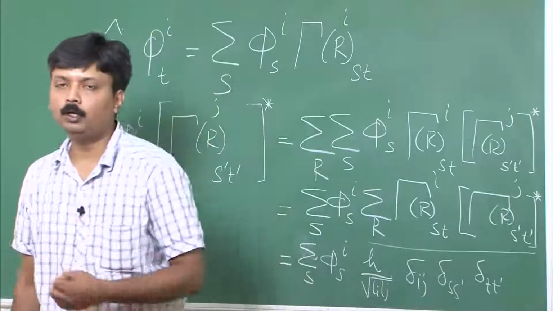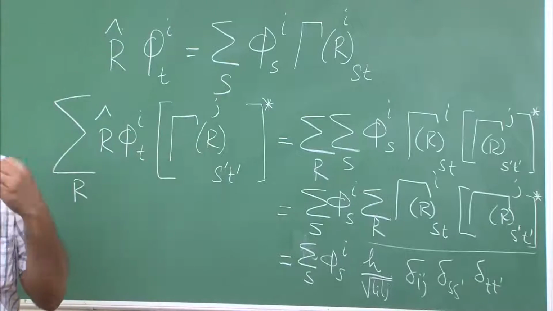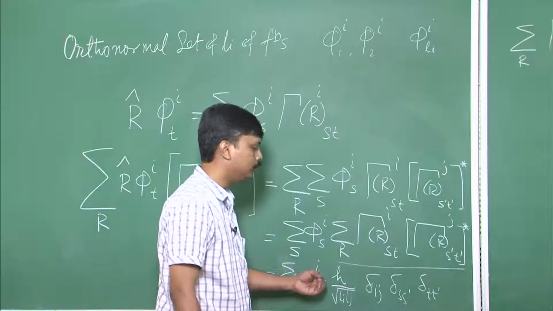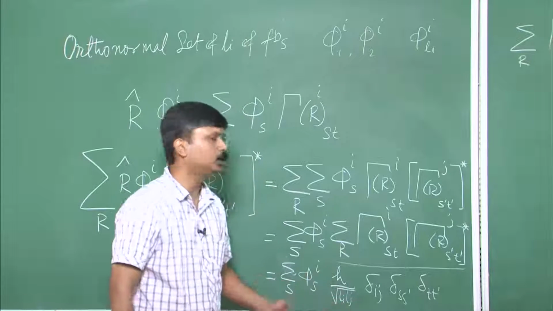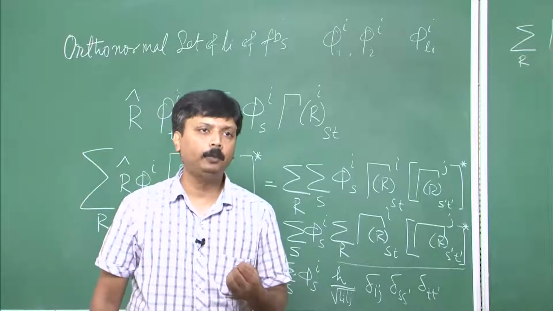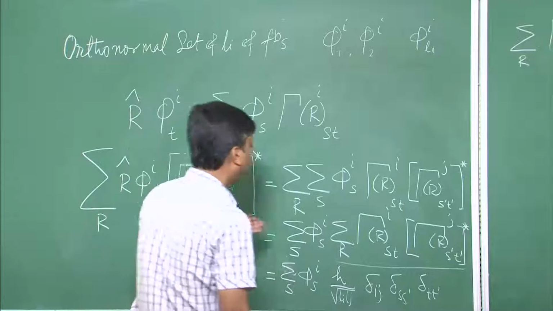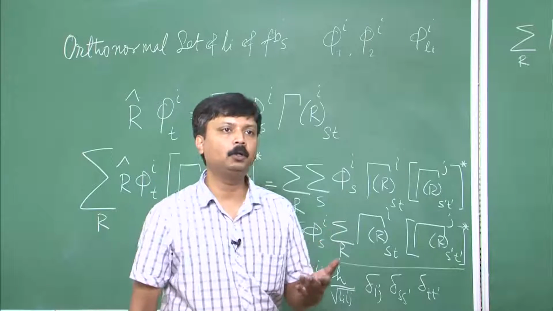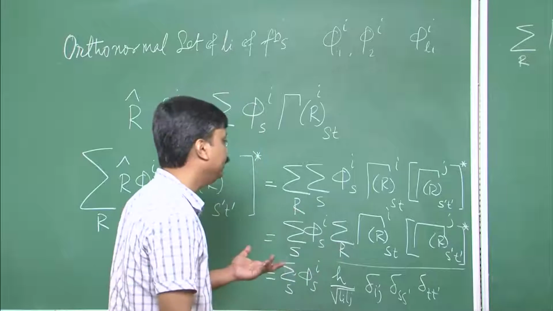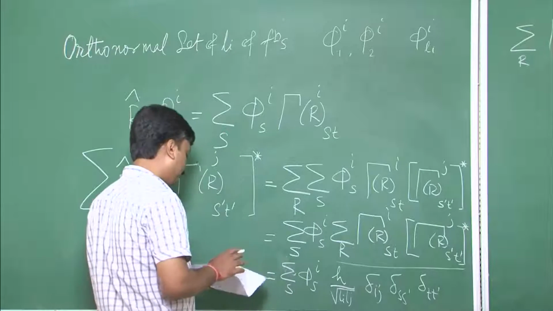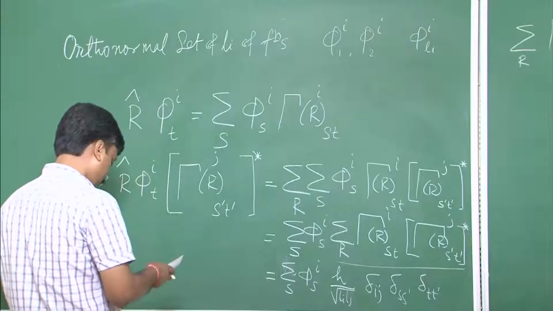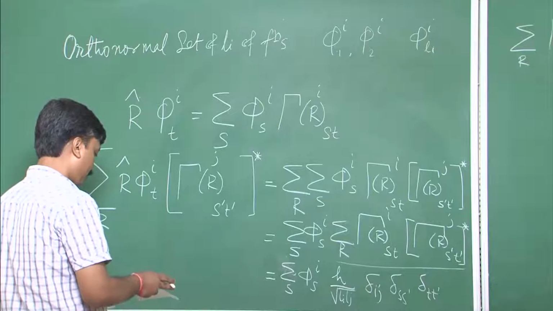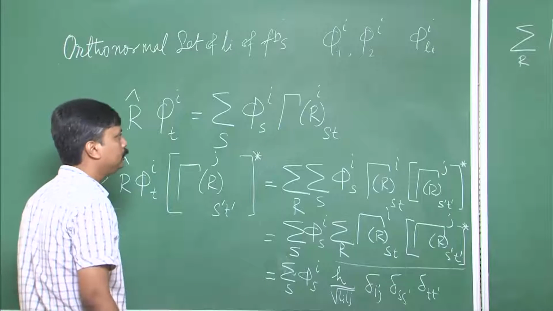Which means that not only does it have to be a particular function phi s prime in order to have a non-zero value for this part, but also the two irreducible representations that we are considering here must be identical, meaning i equals j, and the other element also should be the same, that is t equals t prime. So therefore, if I consider all this, what I have is the following.